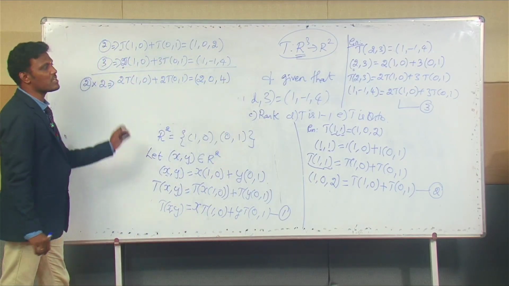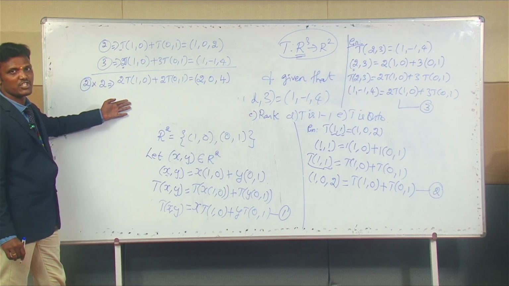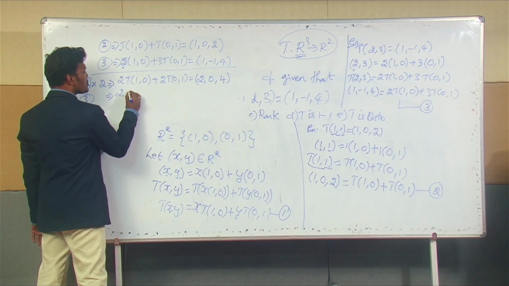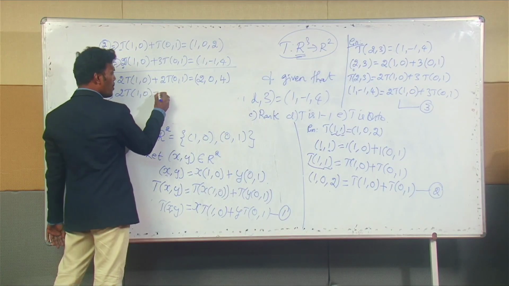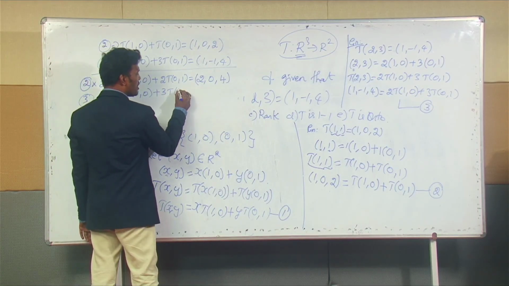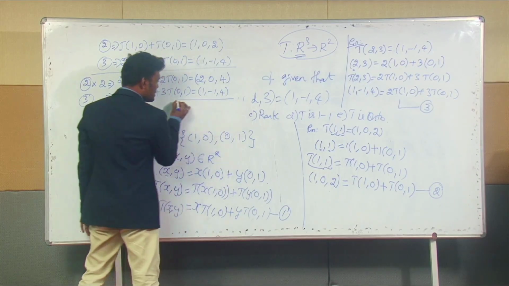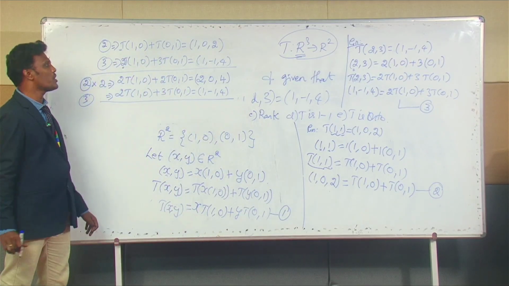This is the expression derived from the second equation. Similarly, take the third equation as it is: 2 times T of (1, 0) plus 3 times T of (0, 1) equals (1, -1, 4).